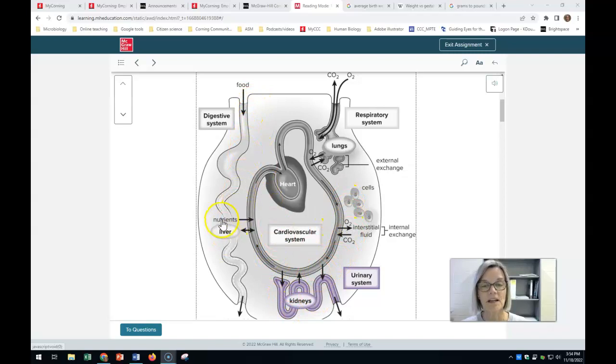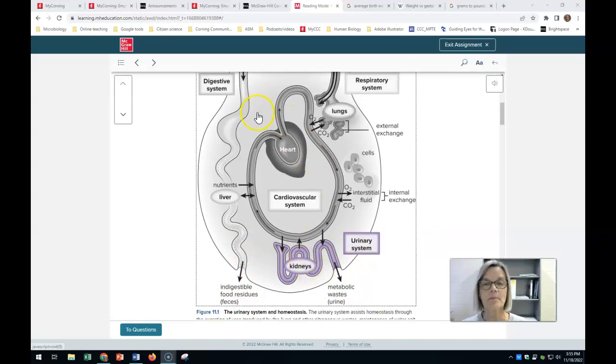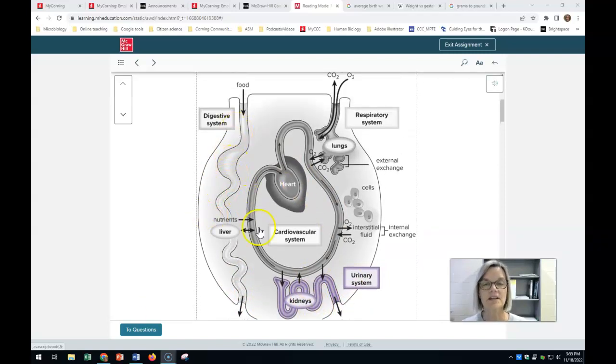So food's going in, nutrients are going into the blood, oxygen's going in, and all this blood is circulating through the body and being scrubbed by the kidneys. The kidneys are removing metabolic wastes, and that waste is lost as urine. The solid waste is lost as feces. So the kidneys are balancing out the nutrients in that blood and helping the blood maintain a constant composition, or homeostasis.